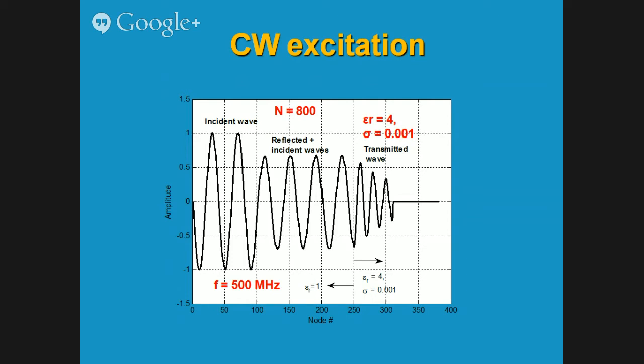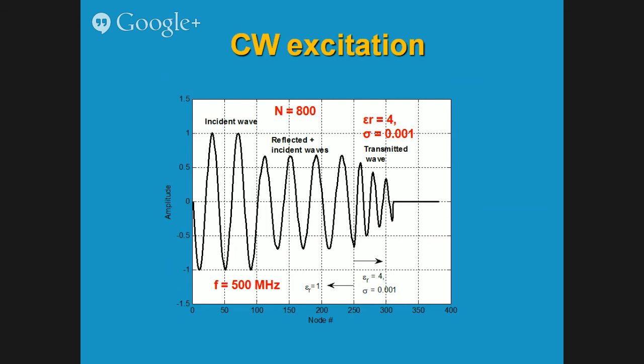On the right side of the interface you have the transmitted wave. The dielectric is lossy, so the amplitude of the transmitted wave decreases exponentially. Here epsilon r is equal to 4 and sigma is equal to 0.001.